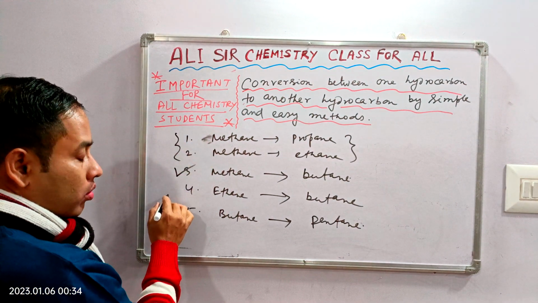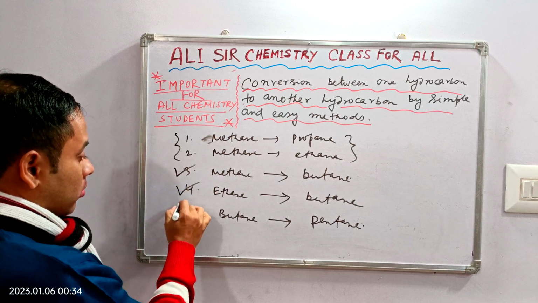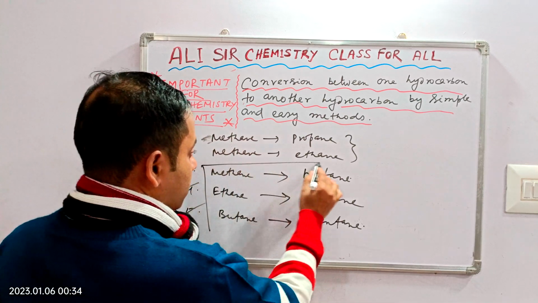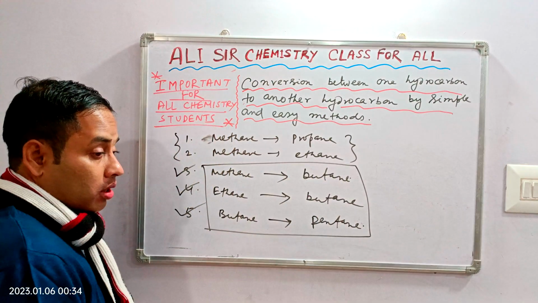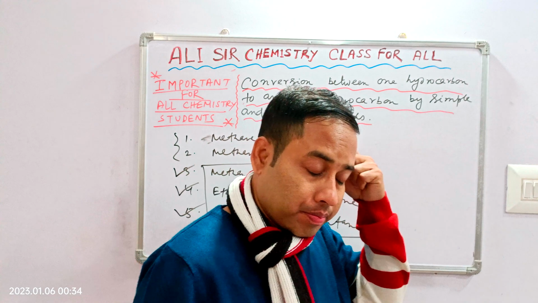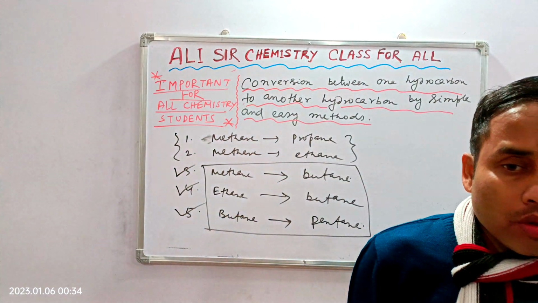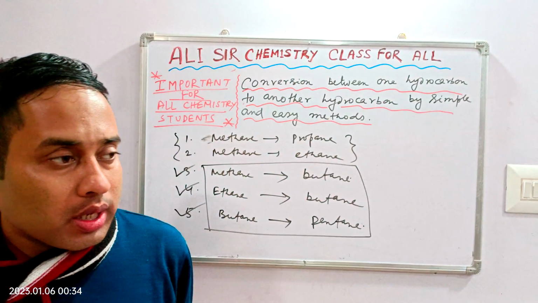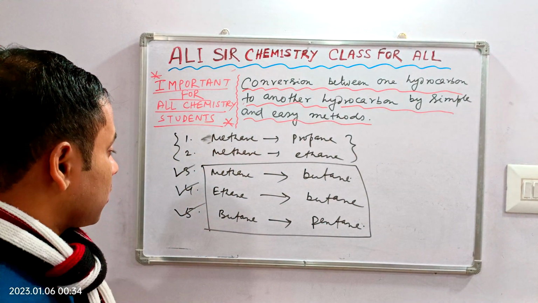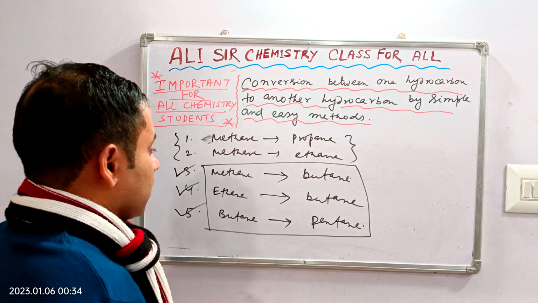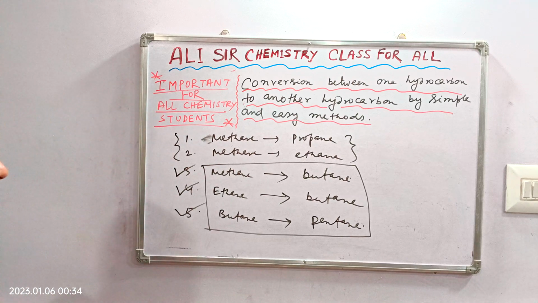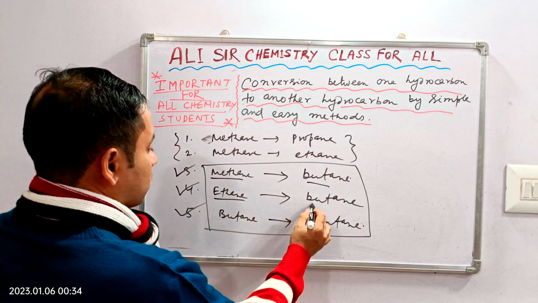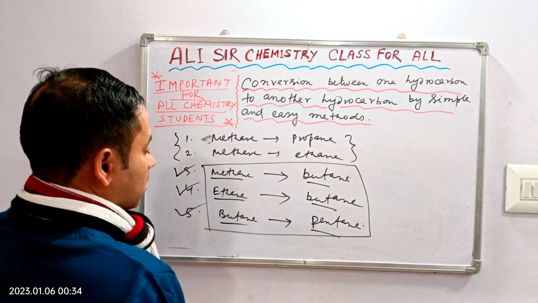In practice, at home, you will do the 3, 4, and 5, and you can send it to me on my Facebook page, whose link I will send you, or on my YouTube channel page, or anywhere, whatever I will give, also a personal number, you can send it. So this is your homework: methane to butane, ethane to butane, butane to pentane. Okay.